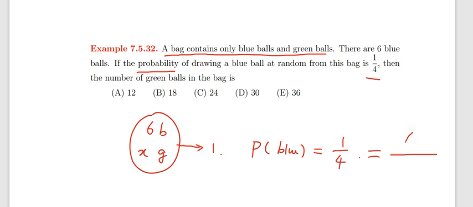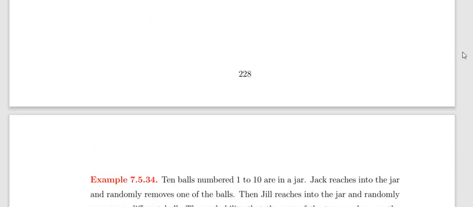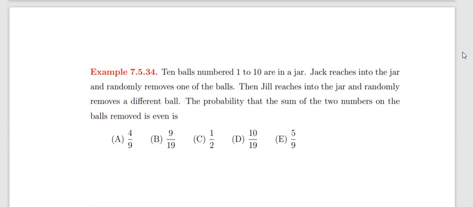In total we have 6 blue ones, and in all we have 6 plus X. So 6 over 6 plus X equals 1/4. So we can find X easily, right?